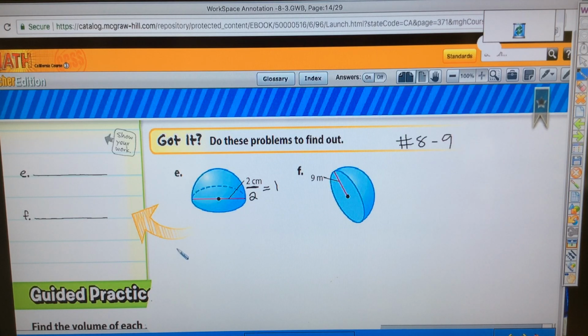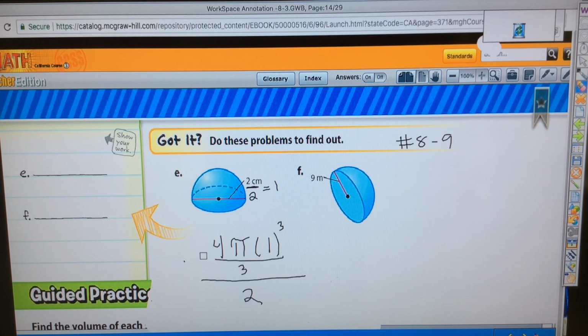All right, so volume is equal to 4 pi r, in this case a 1, cubed, divided by 3. Guess what? It's a hemisphere, so divided by 3, divided by 2. You have to cut it in half at the very end.